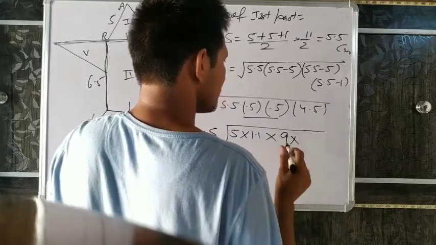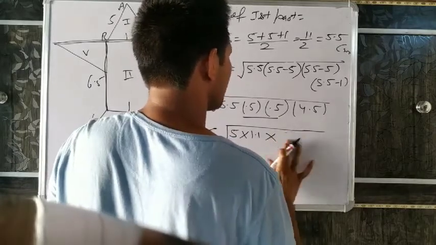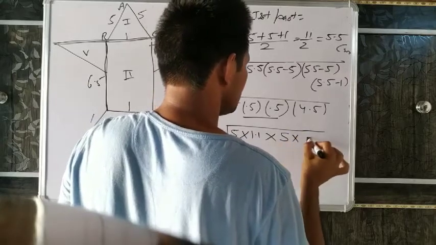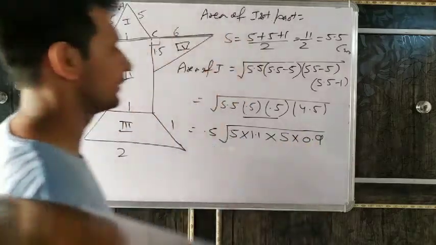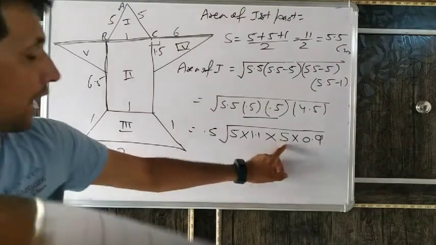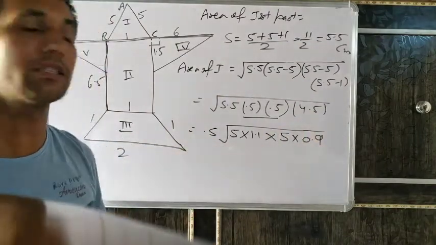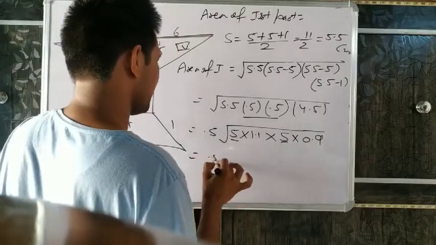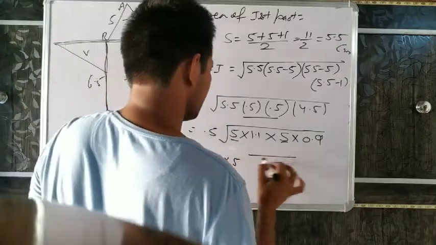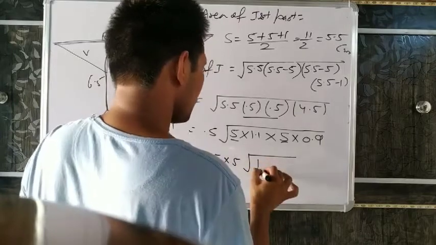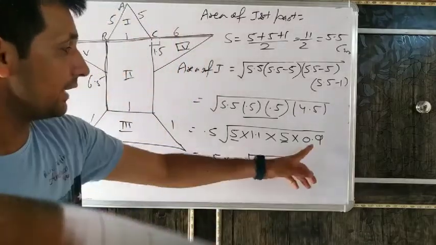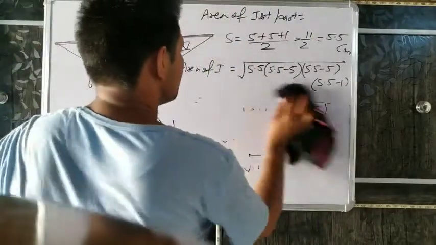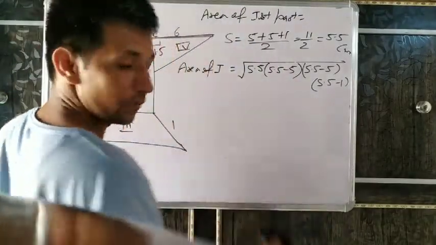So 5 into 0.9. Understand? 5 into 9 is 45. Now 5 pairs, so 0.5 multiply 5. What remains inside? 1.1 and 0.9.